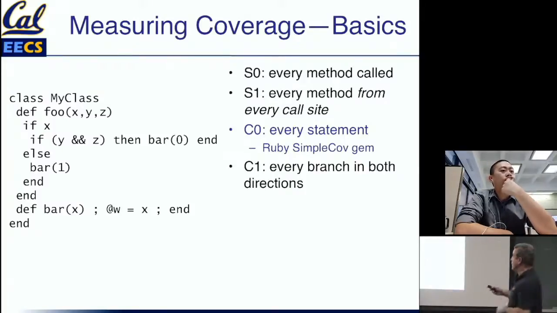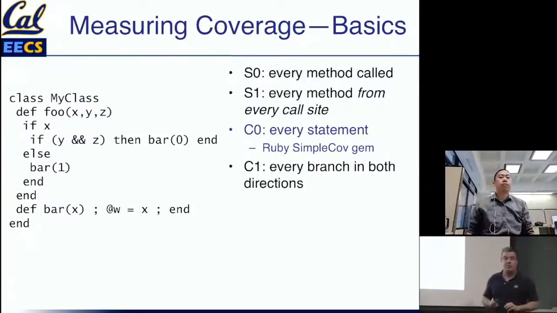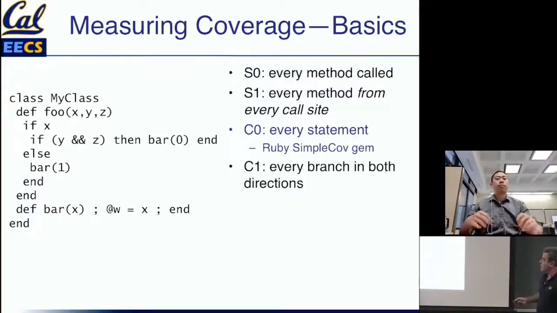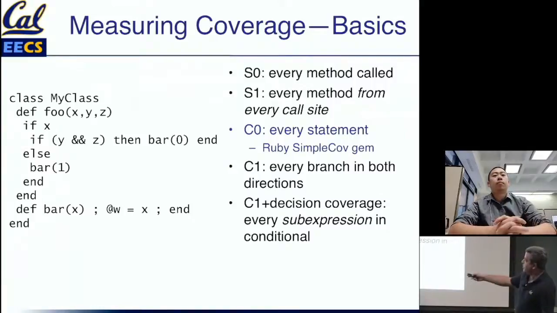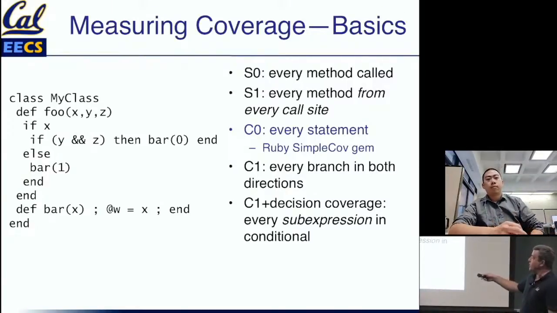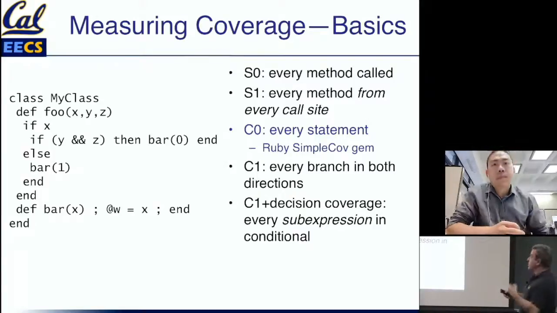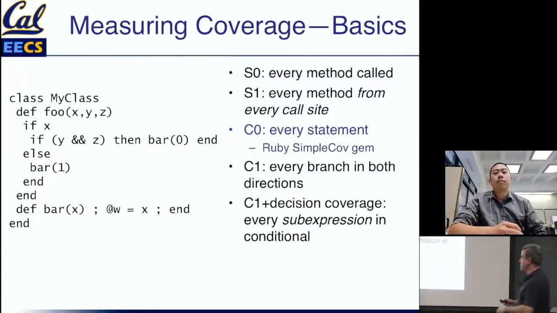You got to the if. C1 says, make sure you've taken every branch in both directions. And you can go farther and say C1 plus decision coverage. So not only does this branch have to take both the if path and the else path, but in evaluating the if path, we have to look at every combination of y and z that could make this if go either way. So basically every sub-expression within a conditional. That's C1 plus decisions.